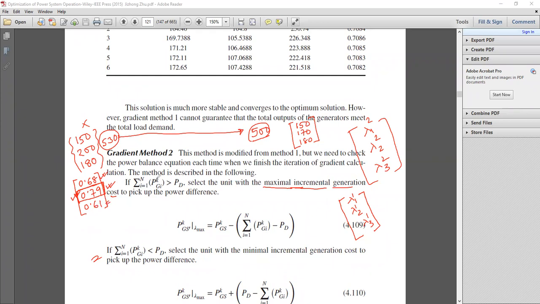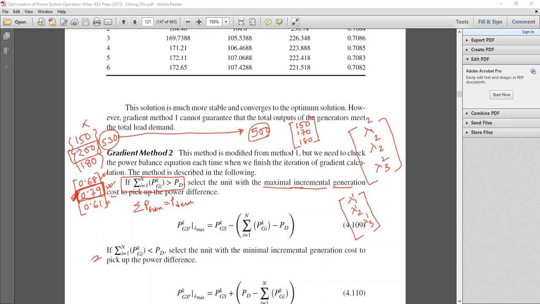Because you are actually trying to reduce the generation to establish this balance, from where would you reduce? You would reduce from the costliest unit. This is the costliest unit found from these lambda values calculated at that iteration. Am I clear?